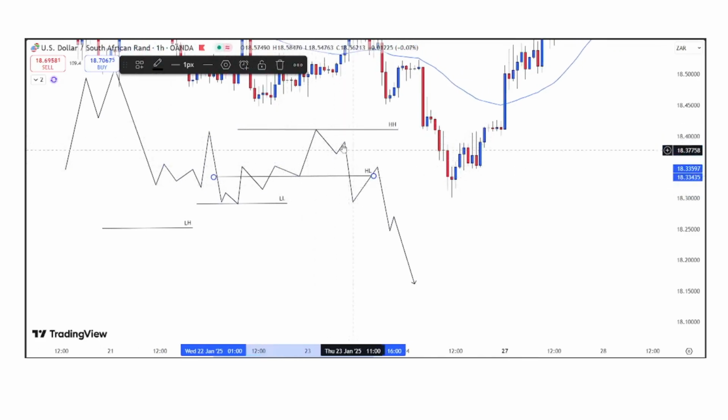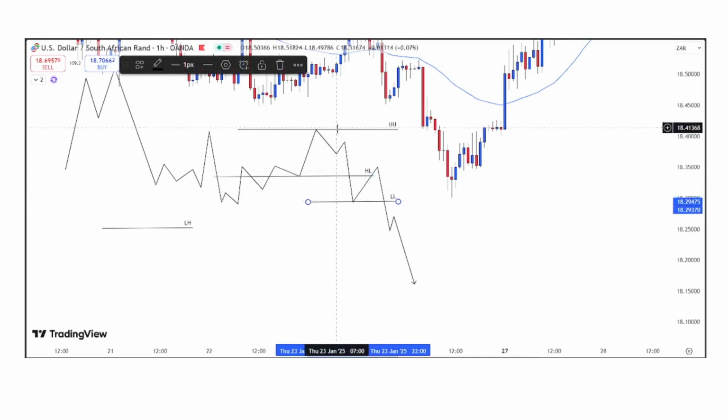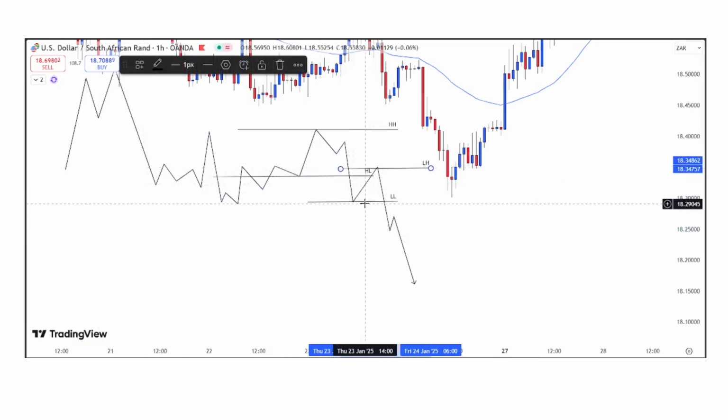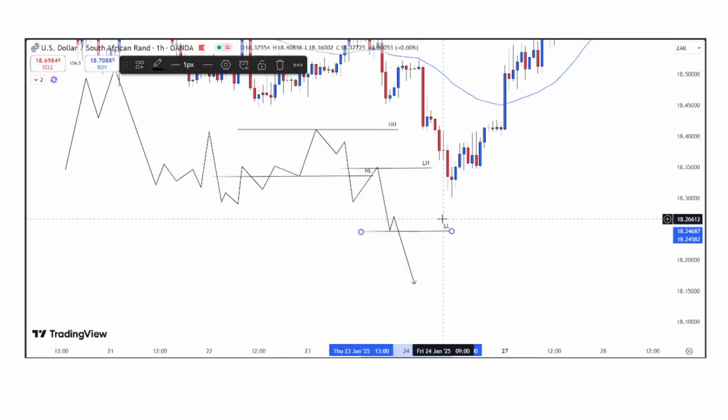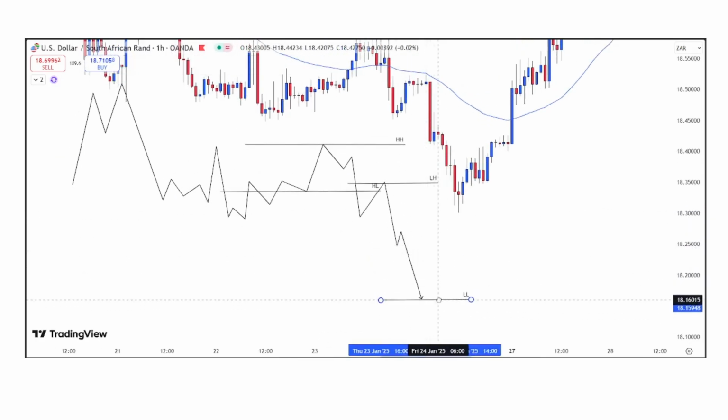Whatever happens in between here doesn't matter. Price breaks it, we now have a lower low, right? Price comes up, pulls back, breaks that there, we get our lower high, and now this becomes our lower low. Price breaks it, we get our lower low and our lower high.